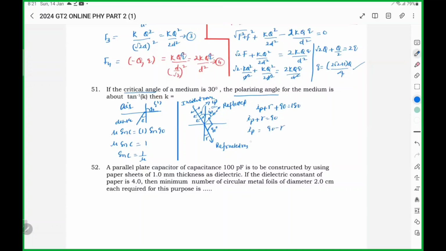Again, applying Snell's law, mu sin IP is equal to 1 into sin R, where R is 90 minus IP.